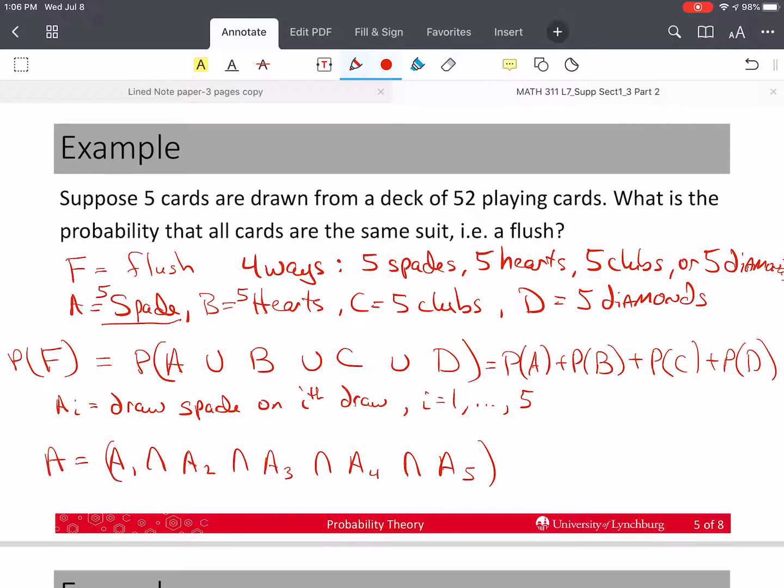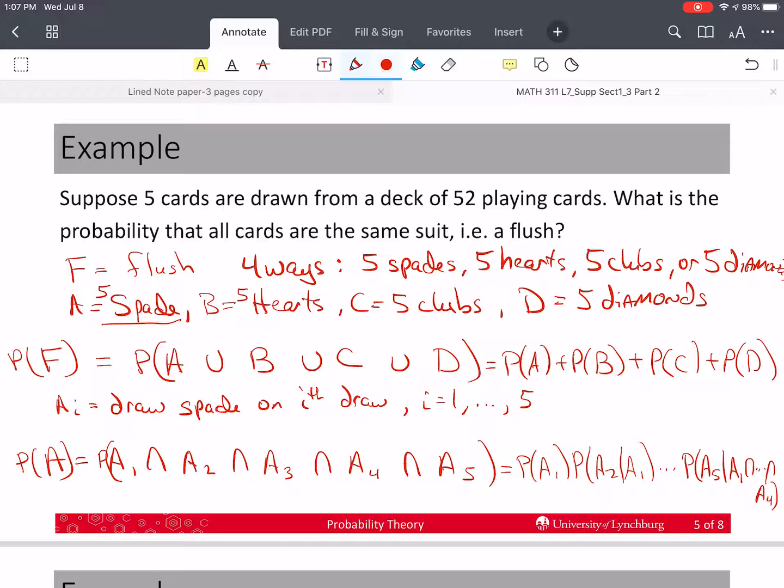And if I take the probability of A, it's going to be the probability of these 5 intersections. And so what I can do is write this as the probability of A1 times the probability of A2 given A1, times, and keep going until I get the probability of A5 given A1 through A4.